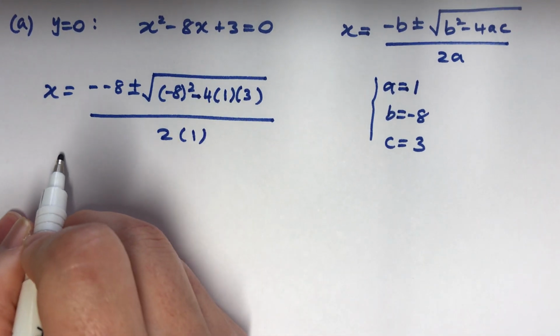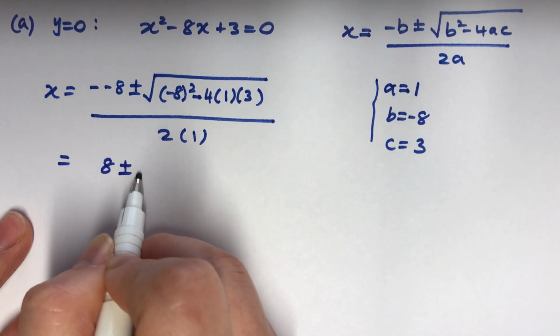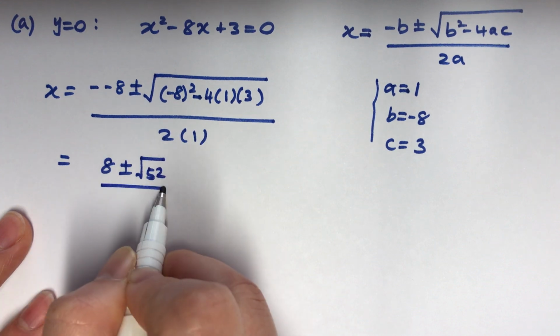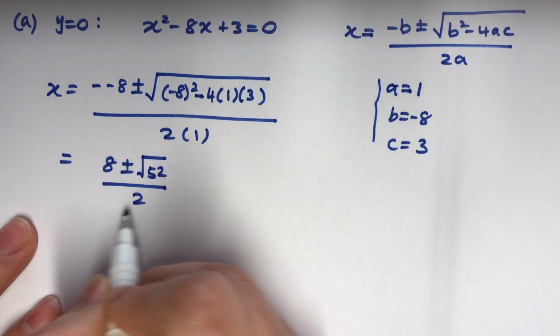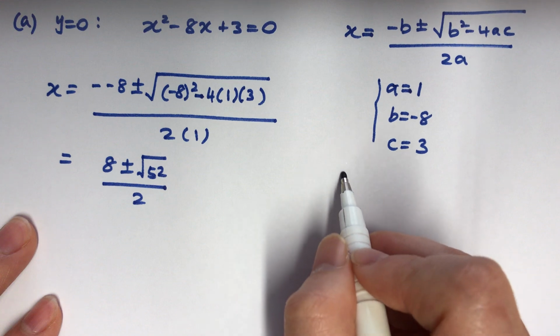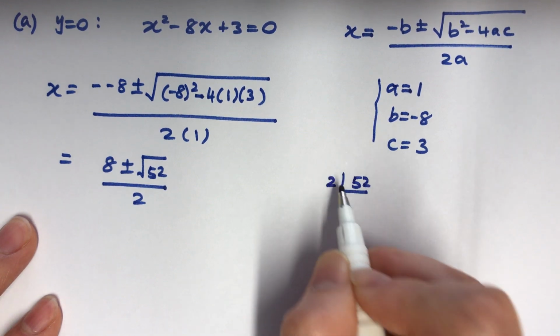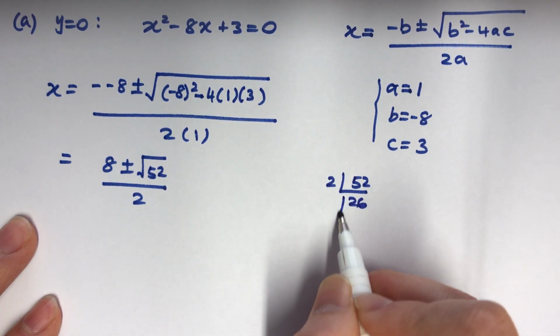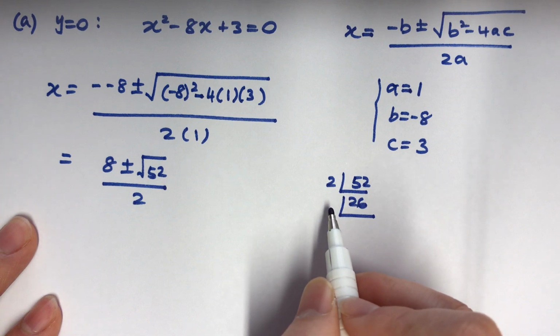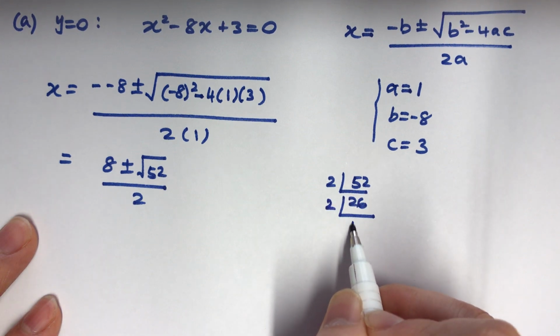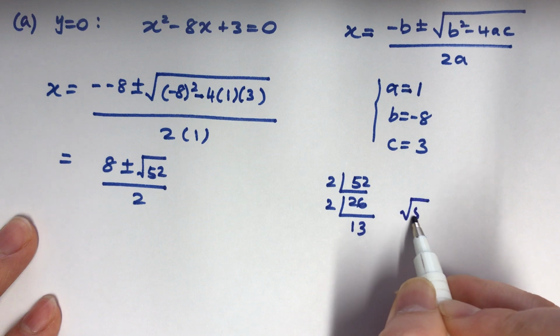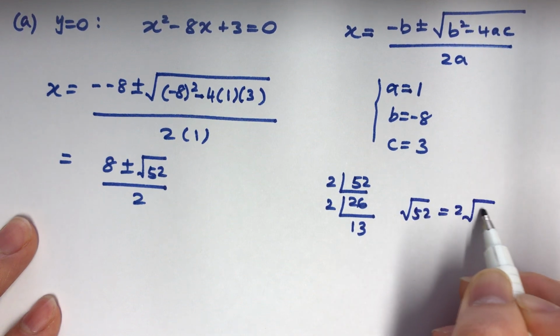So when you put that all in, I'll get plus minus root 52. Use your calculator, guys. Now this one can simplify further. Now 52 is 2 times 26. I have a video on how to do this one, so have a look please. 26 is 2 times 13. So root 52 is really 2 root 13.